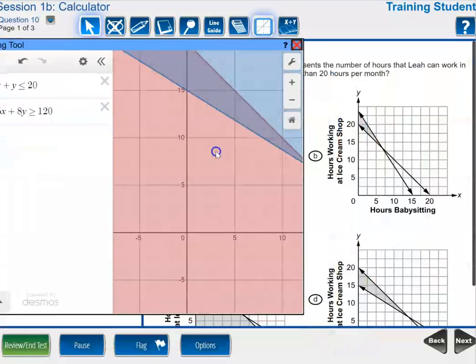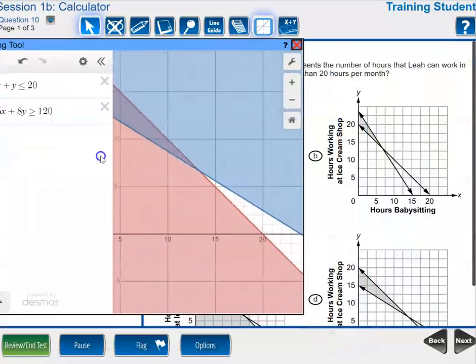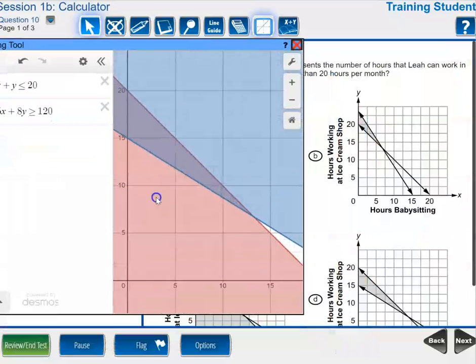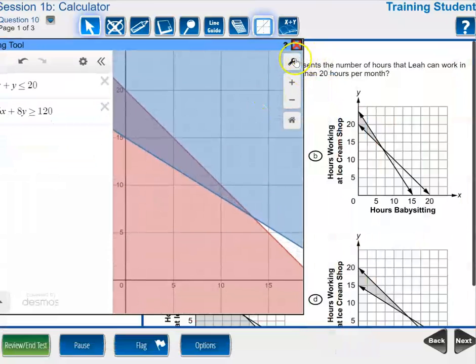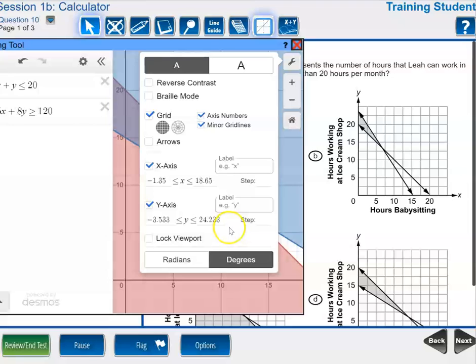Now you can click and drag this down, and this may be sufficient for what we need to do. But I am going to go ahead and adjust my window to be a little bit more like the ones on the paper. You'll notice there are no minor grid lines. There are little grid lines in between, or actually there are, but we can't do just one, I don't think. So I'm going to just take those off.